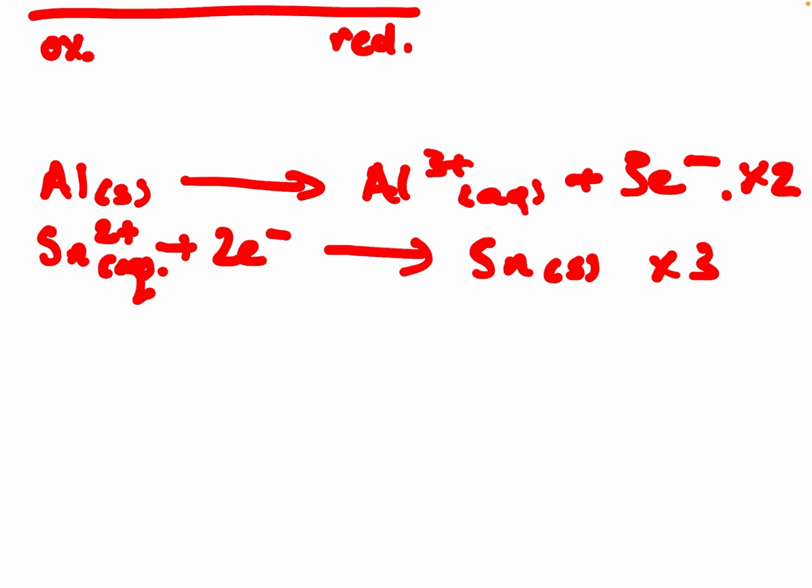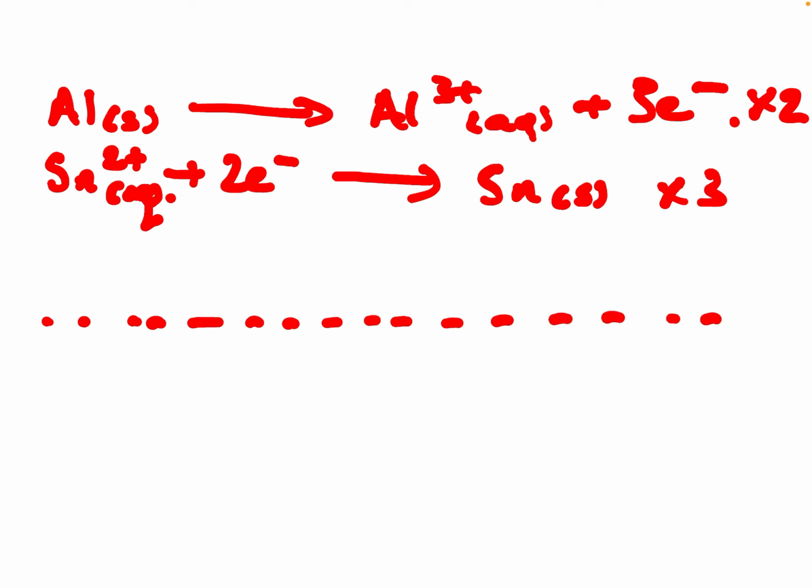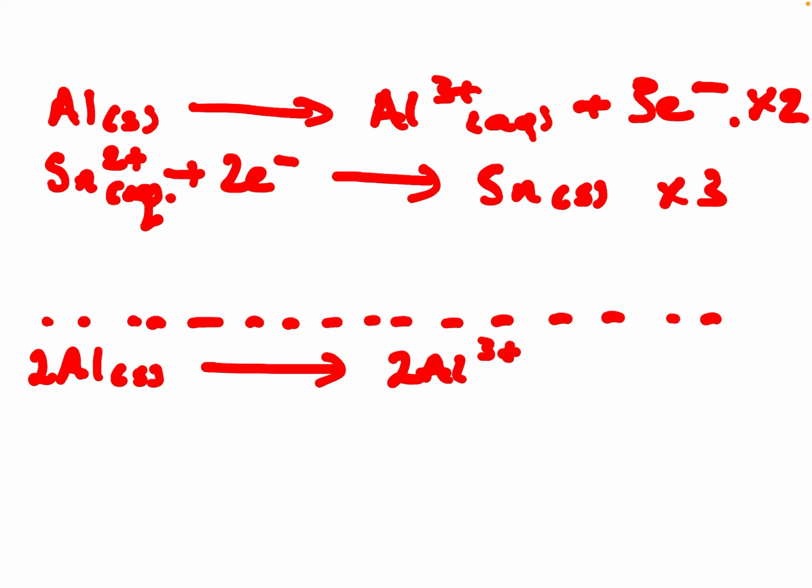So I'm going to take a new line here because I'm not ready to do my redox. I'll do a dotted line so you can see that I'm using those equations, but I'm going to do something first. To get the electrons to cancel out, I'm going to have to times the top line by 2. That's going to be 6 electrons now.